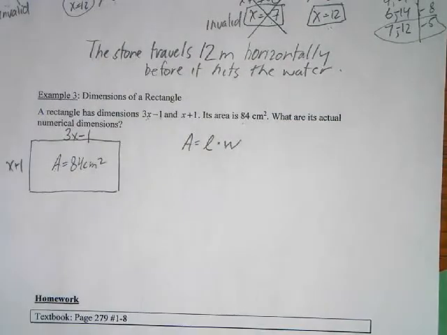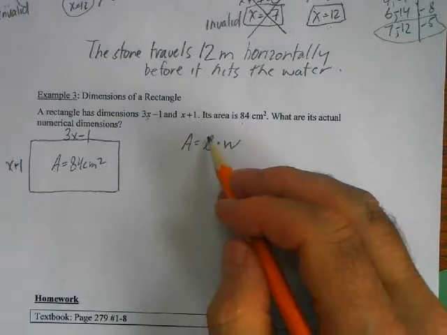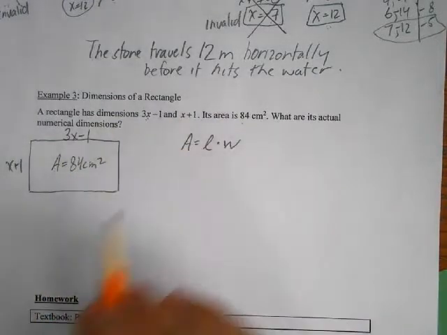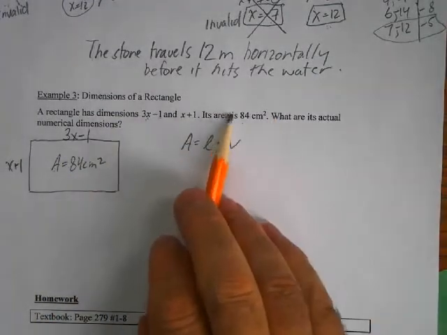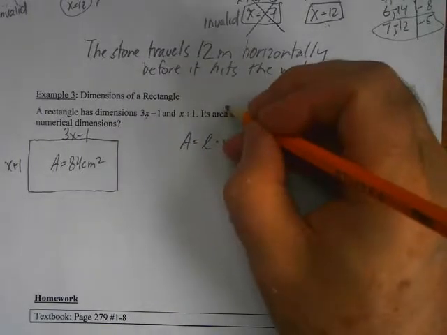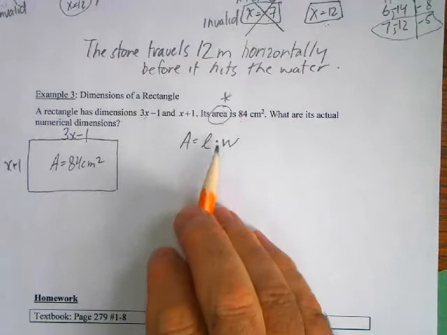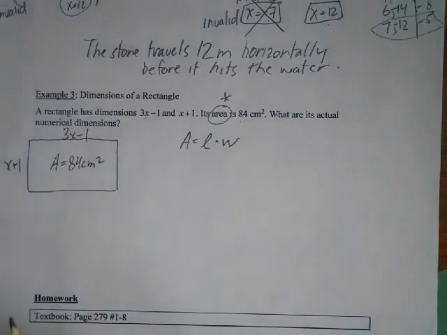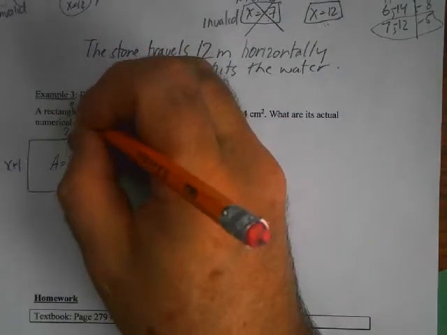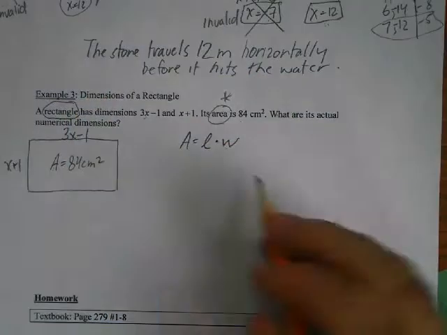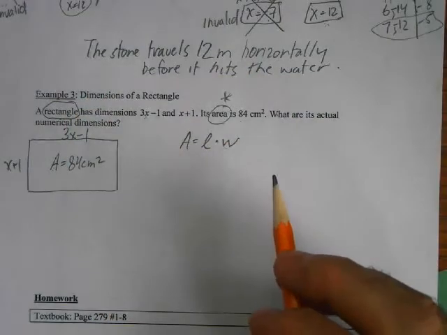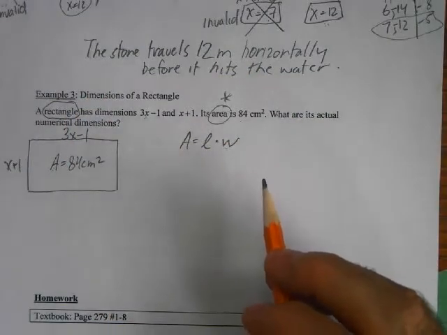All of a sudden I've got an equation where I didn't really have an equation before. What information did they give us? They gave us the area. This is the key to building your equation: the area of a rectangle. Now that we've got that, we can start filling things in, because we actually do know the area.